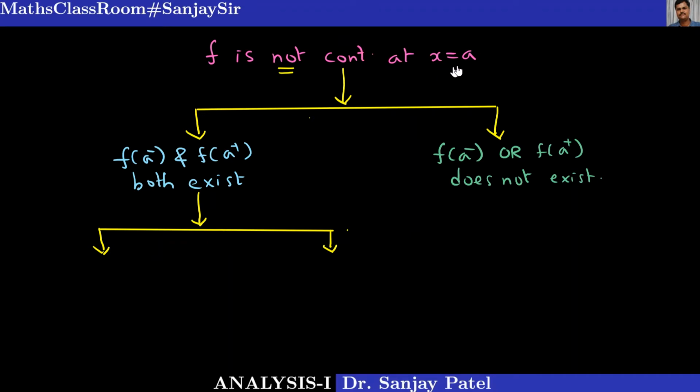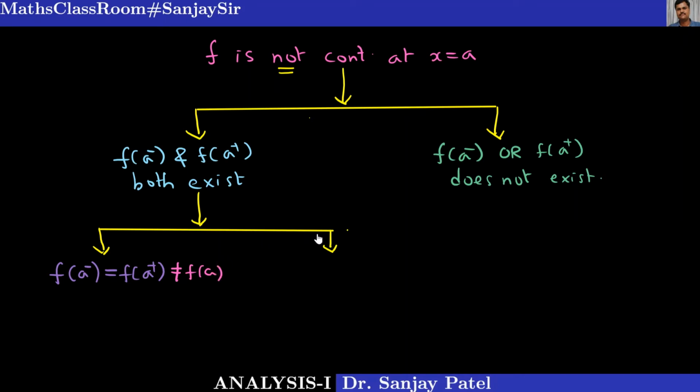One is that f of a minus is equal to f of a plus, so the left and right limits are equal, but they are not equal to the value of the function at the point a.